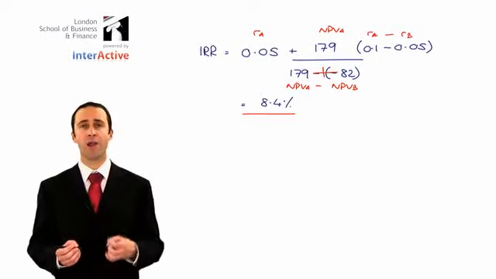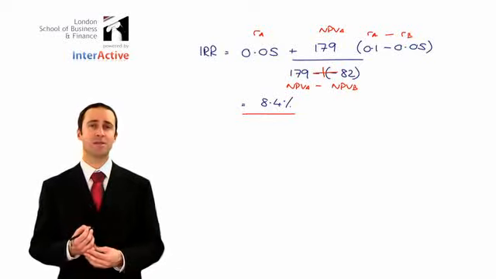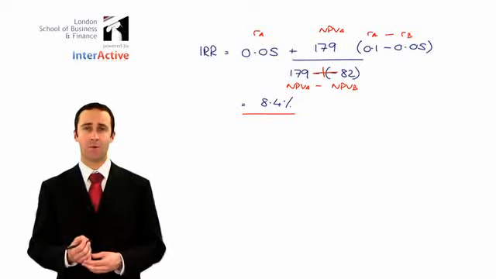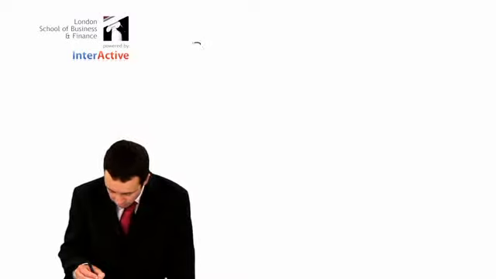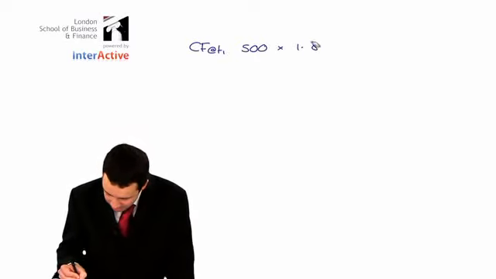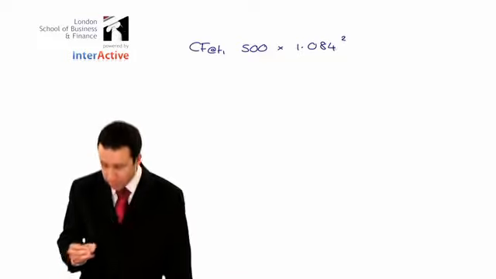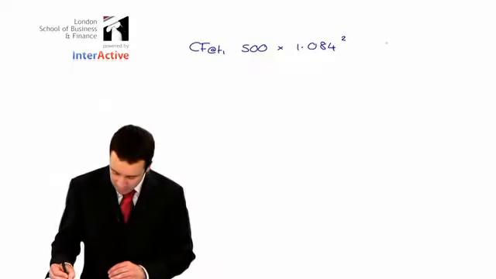So let's just look at what happens if we reinvest those cash flows at the 8.4%. What have we got? Well, your cash flow at T1 was £500. Now, if we invest that at 8.4%, we're going to multiply by 1.084 squared because there's 2 years left on this 3-year project.